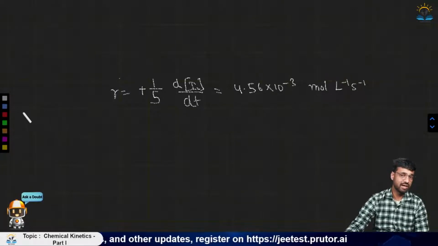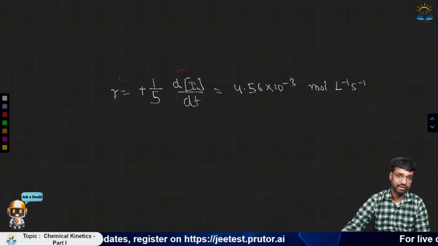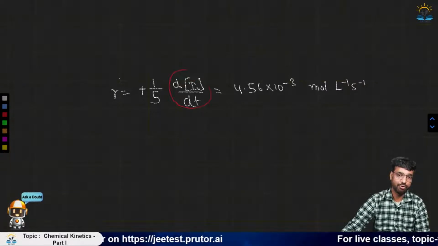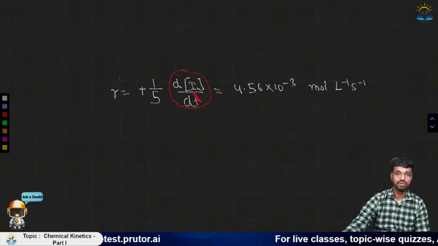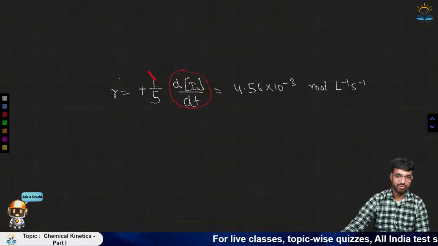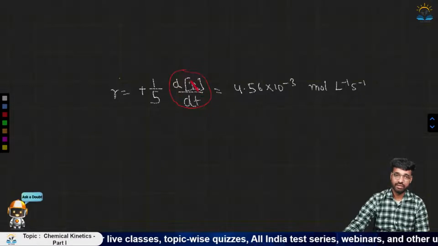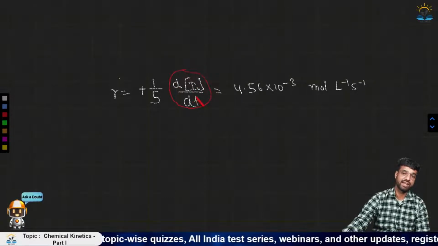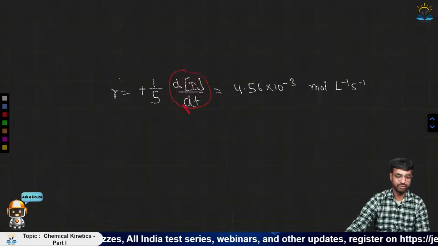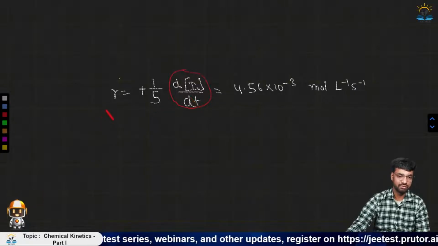Now we have to find this value, that is, the rate of appearance dI2 by dt. I have said earlier also that rate of appearance should not include the coefficient, it should be only the change in concentration of the product with respect to time, and in case of a reactant it will be the change in concentration of the reactant with respect to time. So I have to find this value.